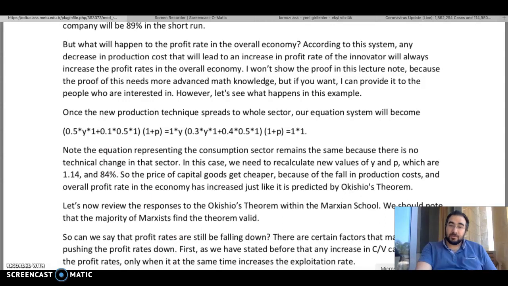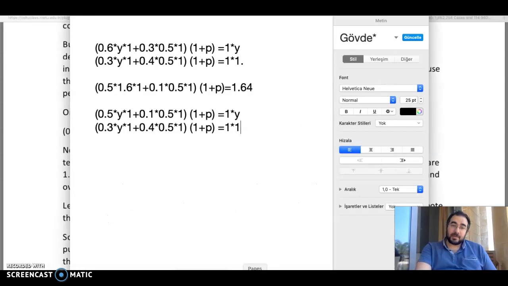Well, you can do this type of calculation for any type of innovation, where basically you play with the necessary constant capital or the capital goods and the labor in the economic system.